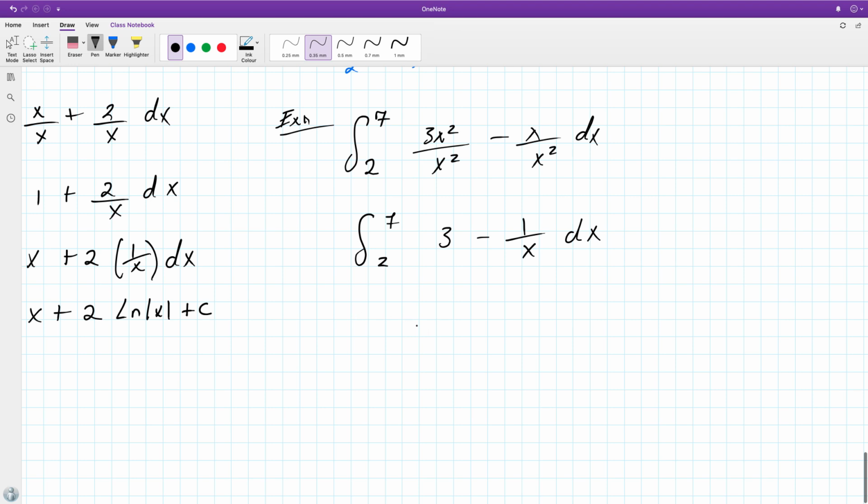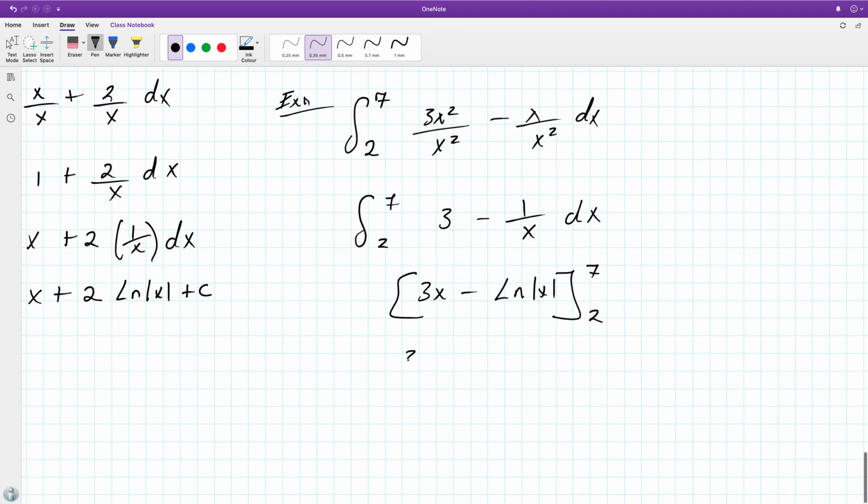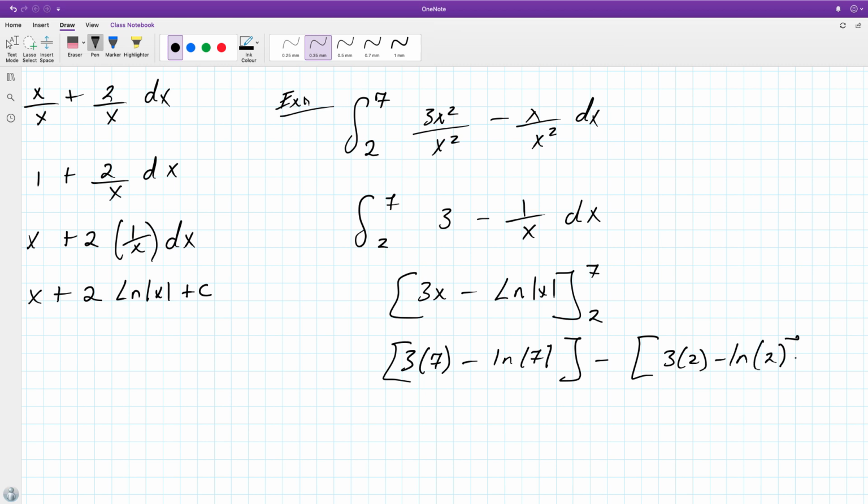Integrate that, you get 3x minus the ln of the absolute value of x between 7 and 2. So that is 3 times 7 minus the ln of 7, minus 3 times 2 minus the ln of 2. You're getting the absolute value of that.